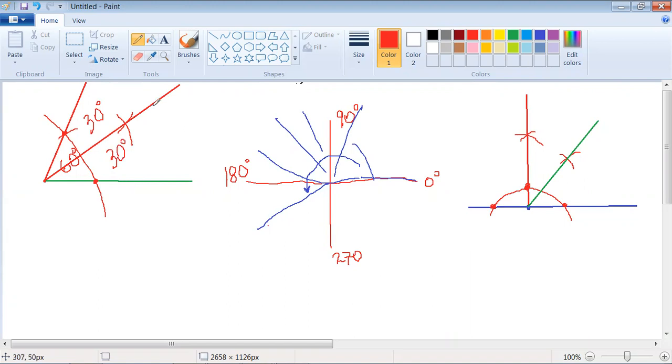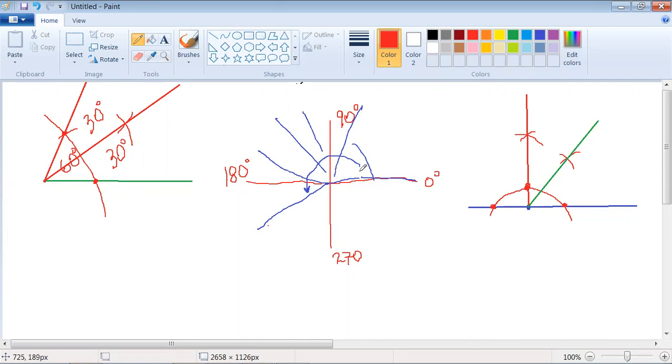Remember, at the beginning of class, this line is called a bisector line, right? Because it's dividing an angle in two equal parts. The line that I use to divide an angle in two equal parts, or the line that I use to cut or divide a line in two equal parts, is called a bisector line.